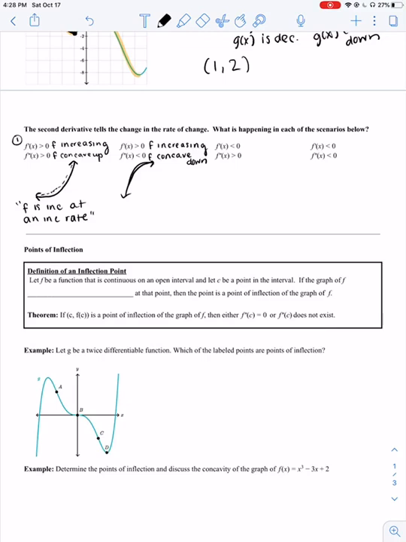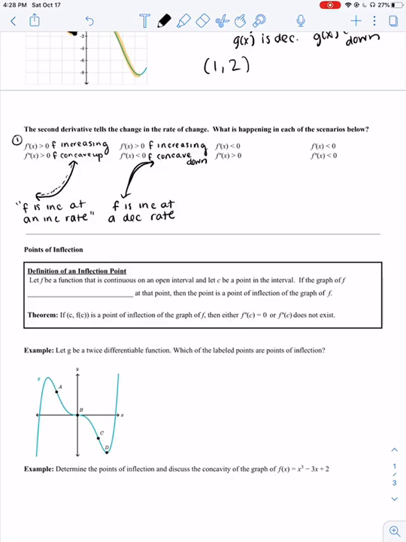So something like that. This is f increasing at a decreasing rate. It starts off fast, then slows down.